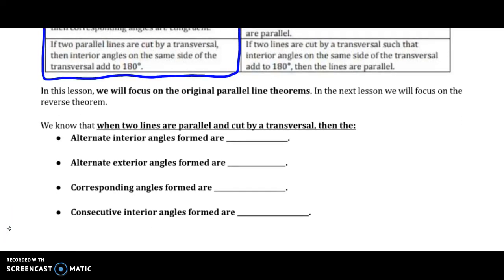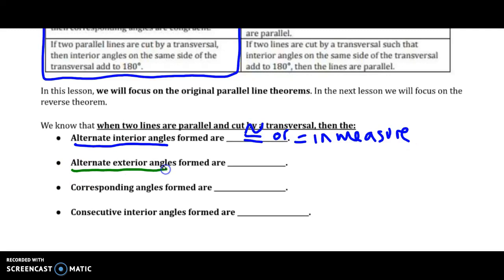So let's recap real quick these angle relationships. When 2 lines are parallel and cut by a transversal, we know that the alternate interior angles formed are congruent or equal in measure. The alternate exterior angles formed are congruent or equal in measure.